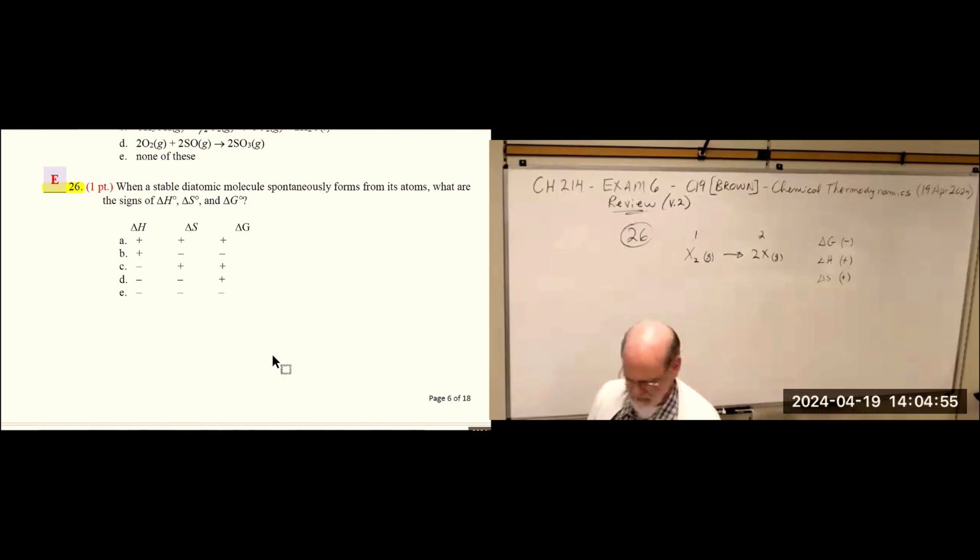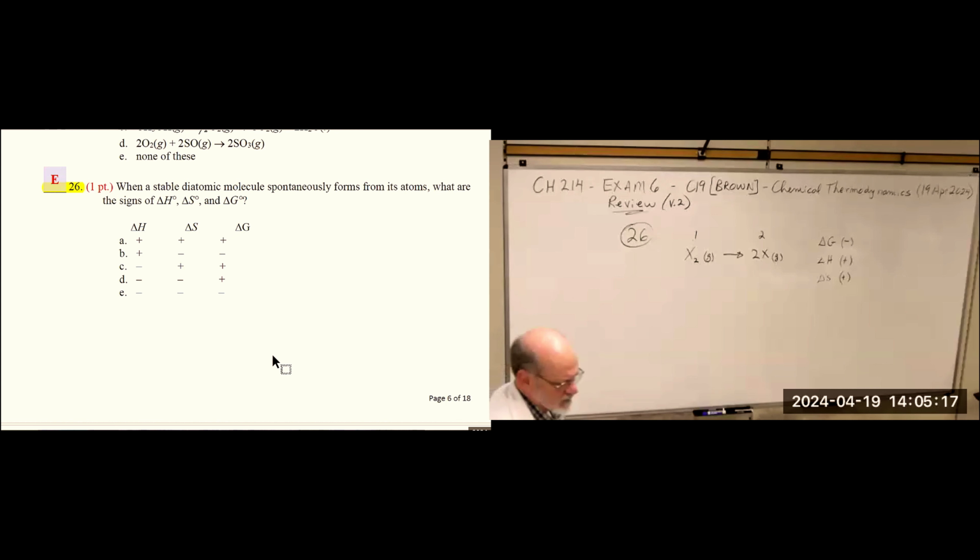Spontaneously. Let me see what I'm doing wrong. When a stable diatomic molecule forms, we know that delta G has to be less than 0.